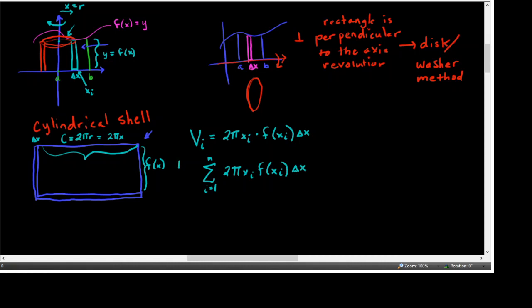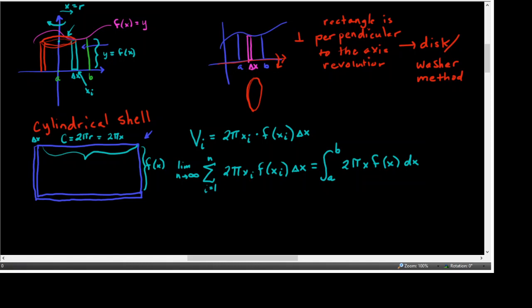Then we're going to press the widths of all of those to go to 0, and if we use equal widths, we can say that that's the limit as n approaches infinity of that expression in sigma, and that becomes our definite integral from a to b of 2 pi x f of x, and delta x becomes dx.